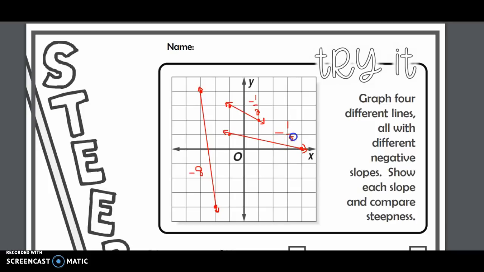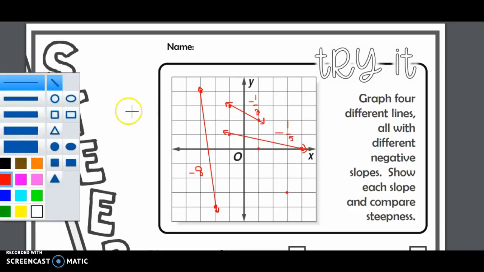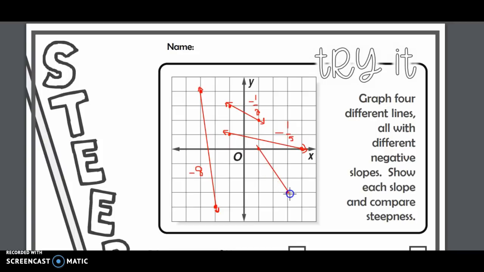All right, should we make one more? Let's go from here. Let's go down 3 over 2. Seems good. And my straight line, and my arrows.